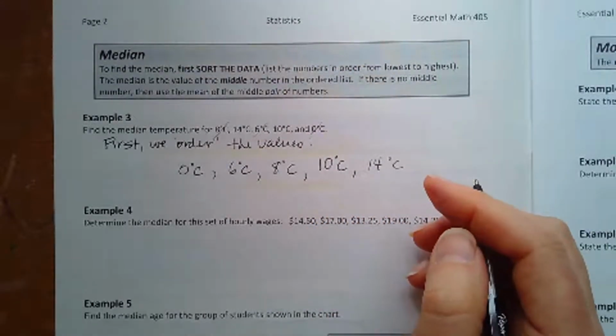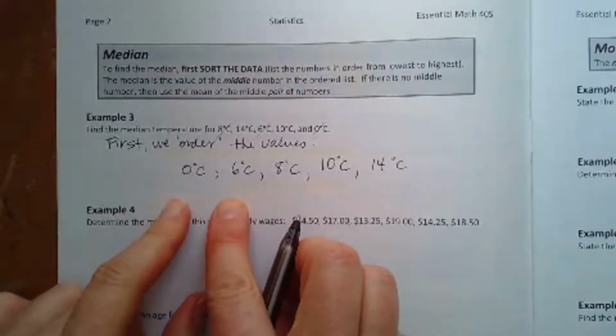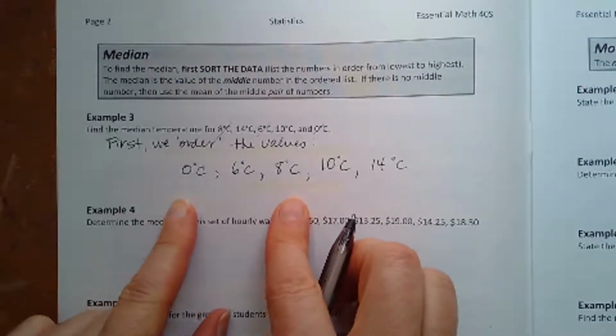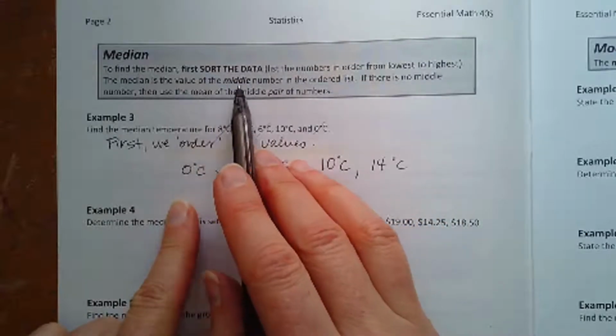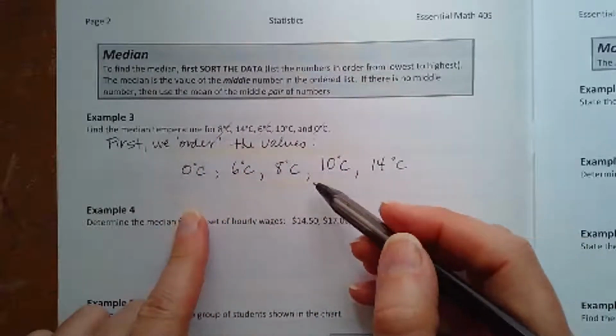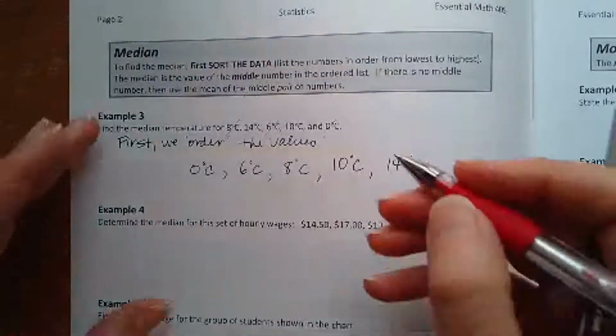Okay. So I have an odd number of data. I have 5 pieces of data. That means I will have a middle value. So it says the median is the value of the middle number. Well, the middle number in this list is the 8.